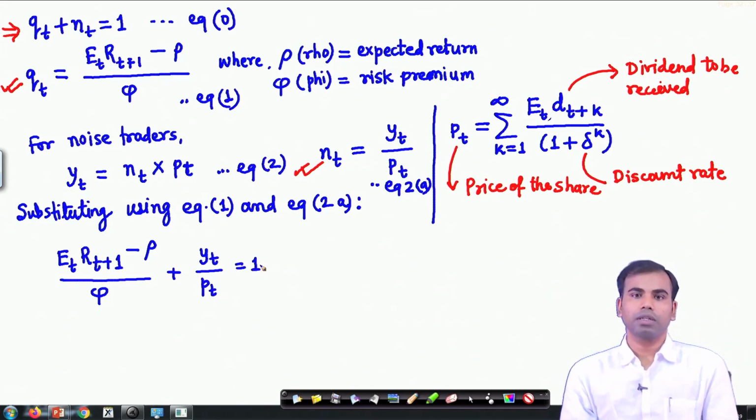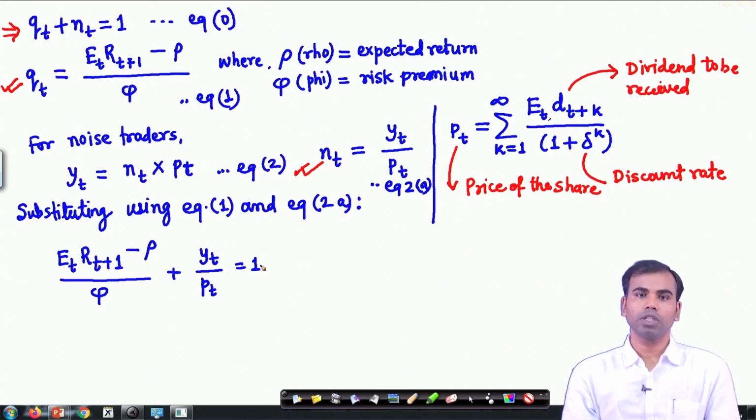So, this is just the substitution of the terms Q t and N t in the market clearing argument model by Shiller's framework.